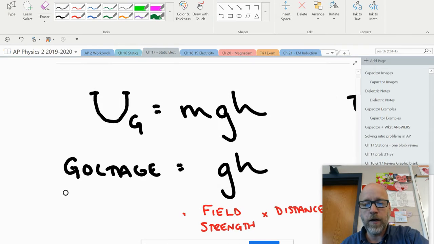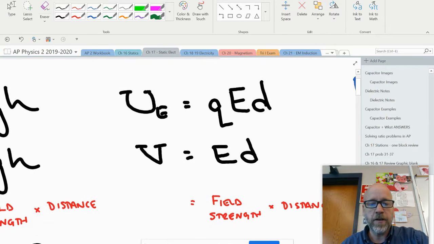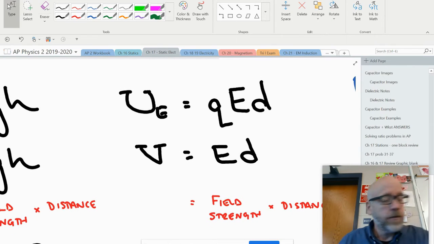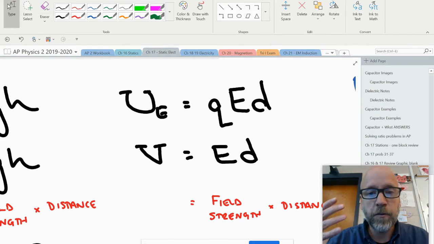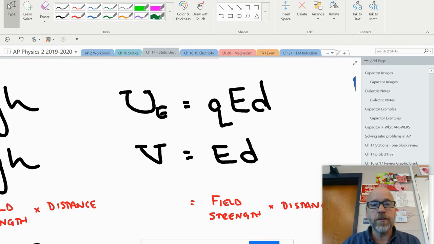Now, if we look over at the corresponding electrical explanation, electric potential energy would be the charge placed in an electric field over a certain distance. The electric potential, also known as voltage, would be the electric field times that distance.